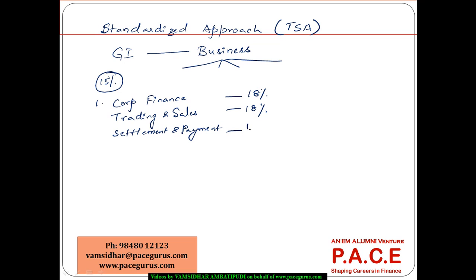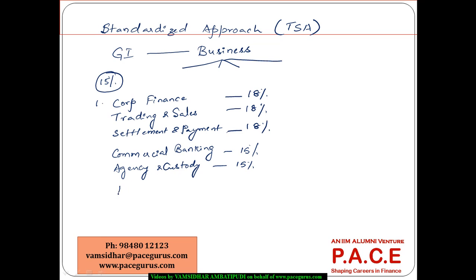The first 2 are a part of investment banking, the corporate finance operation, the trading and sales operation, and then the settlement and payment kind of operation. They have an 18% weightage. Then we have commercial banking. Commercial banking operation is having a 15% weightage, along with agency and custody services. So these 2 carry a 15% weightage.